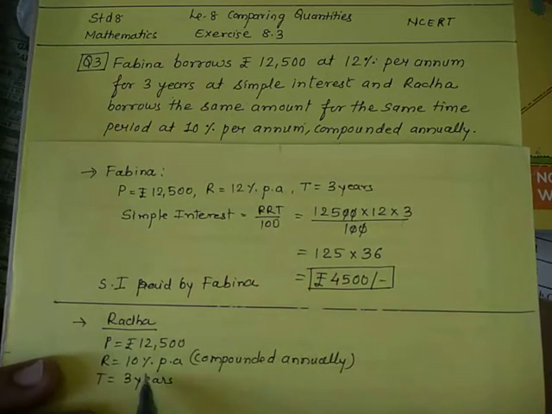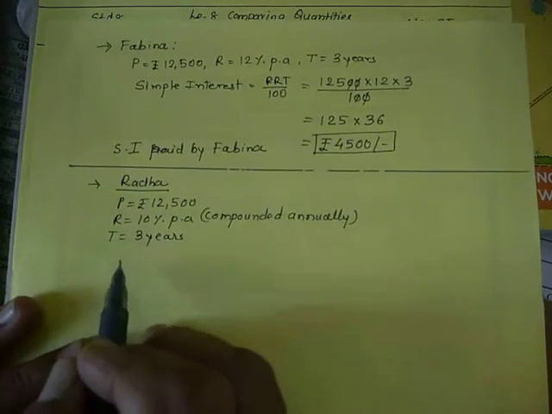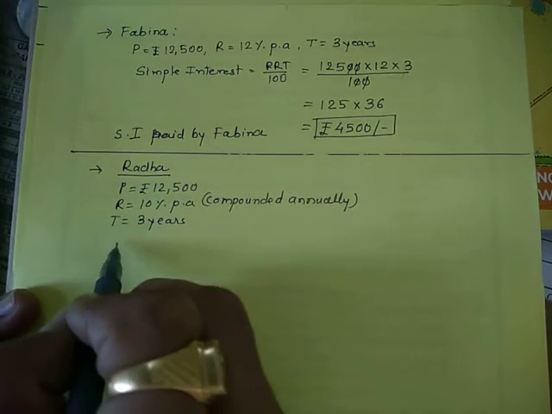Compounded annually means we can use the amounting method, which you know very well. It will be easy for us to understand.